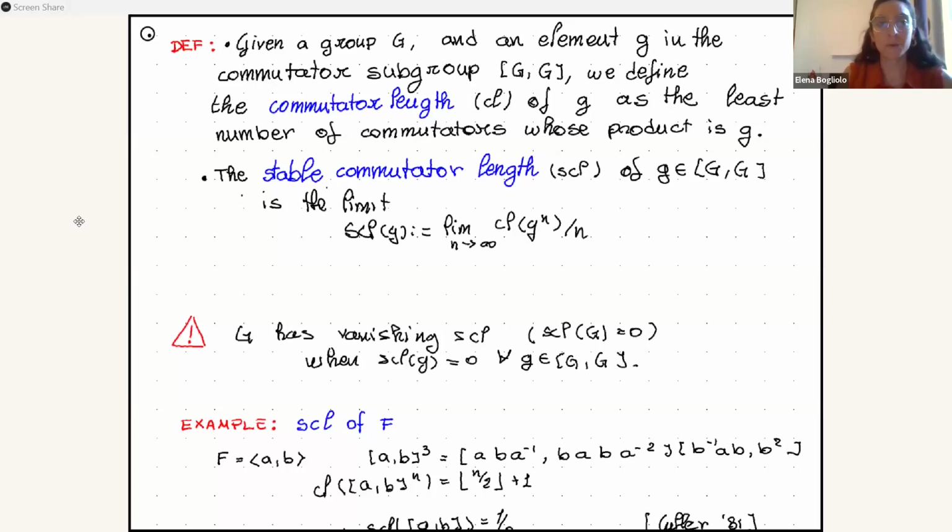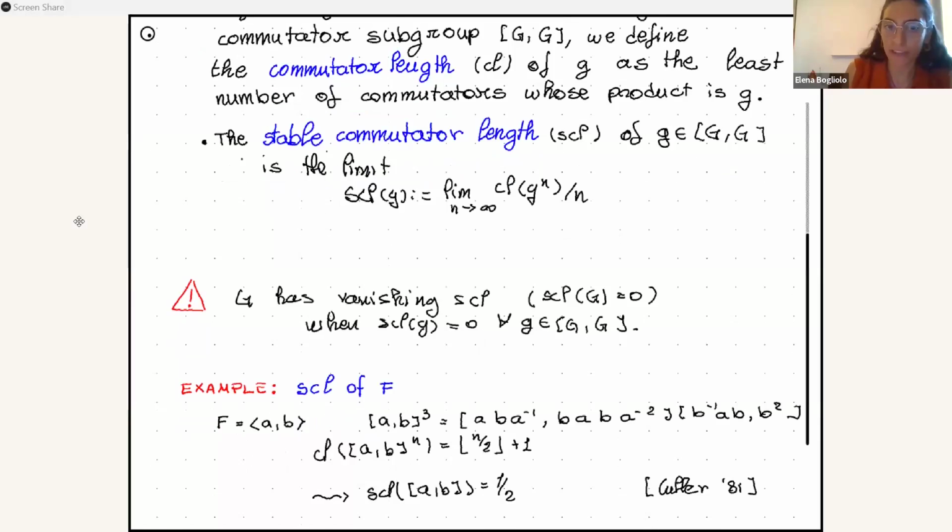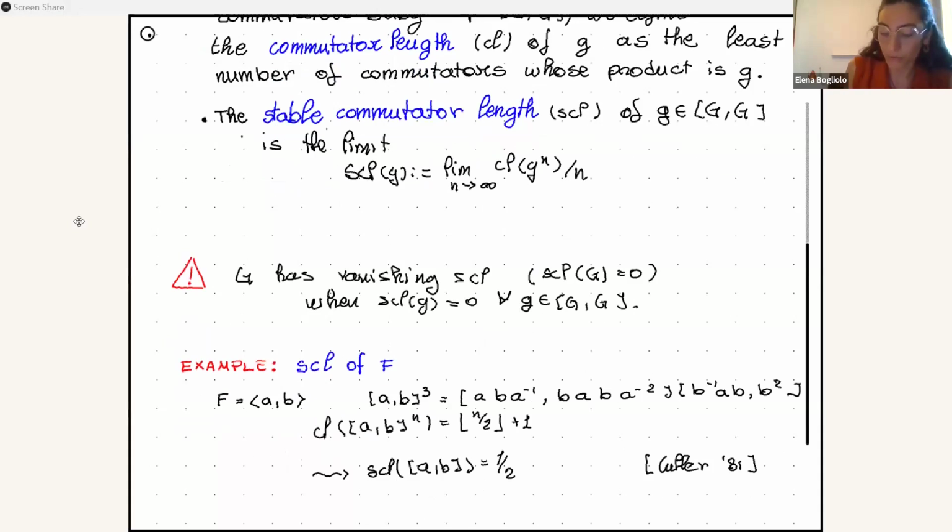Just to see an example of the fact that stable commutator length is an invariant that is hard to compute, I wrote down this example by Calegari that showed that the stable commutator length of the commutator of a and b in the free group on two generators is equal to 1/2.